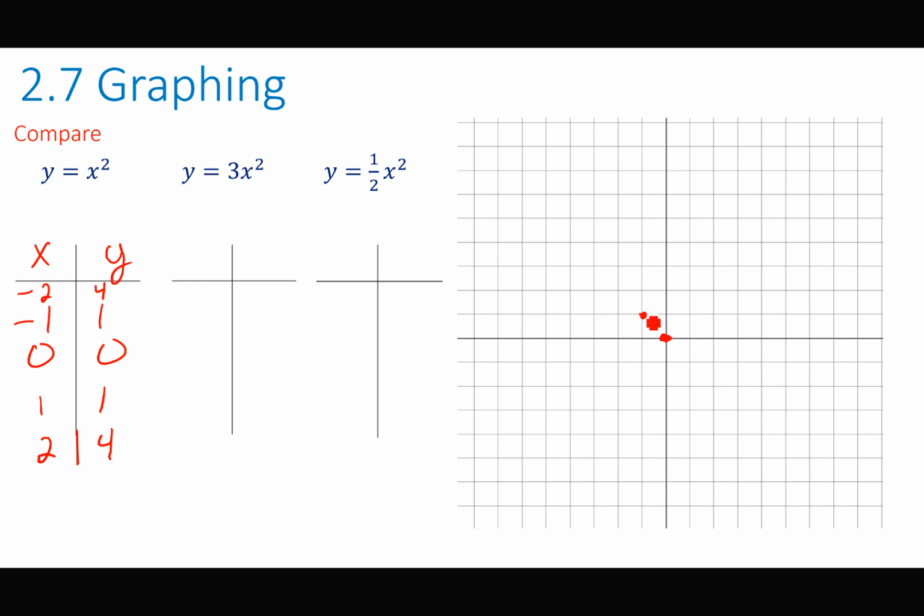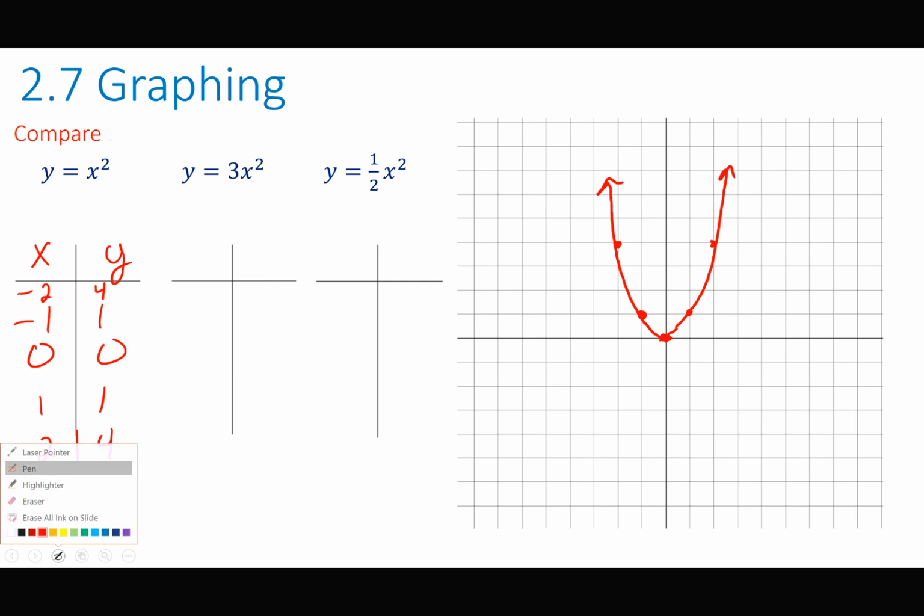So we'd have here 1, 2, 3, 4, here. So we have our parabola. It looks like this. So this is our basic function. Our parent function is just this parabola.